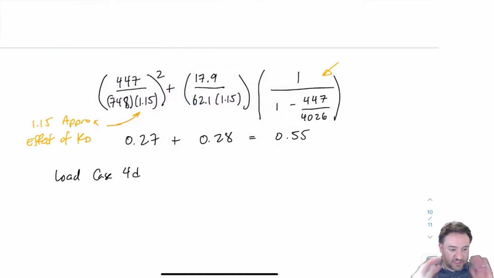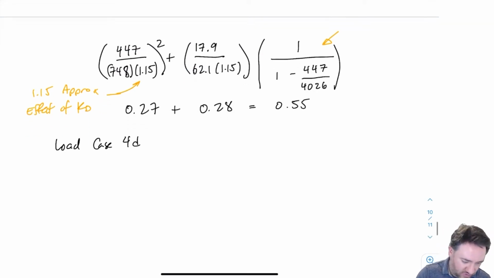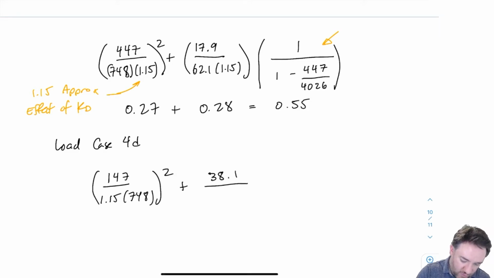Again, this is not the final check on load combinations. This is just an initial check to give myself some confidence that I can continue with this design and it's going to work. So this one has a lower compression load and a higher moment.